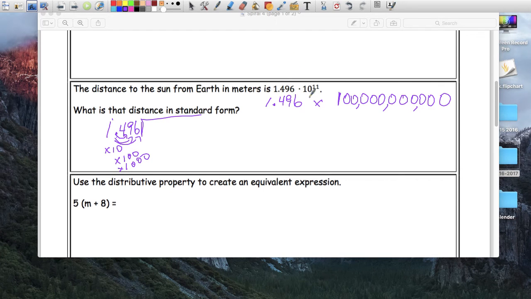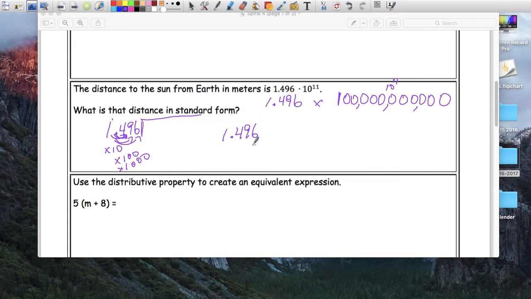Okay, so in this case, this huge number here is 10 to the 11th. So what we can do is take 1.496, because it's 10 to the 11th power. Remember, every time the decimal moves 1 to the right, it's 10 to the 1st, or 10 to the 2nd, 10 to the 3rd.